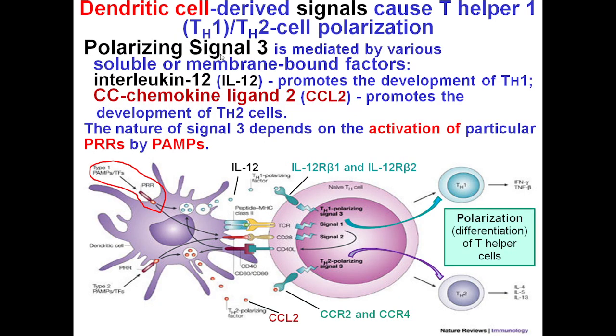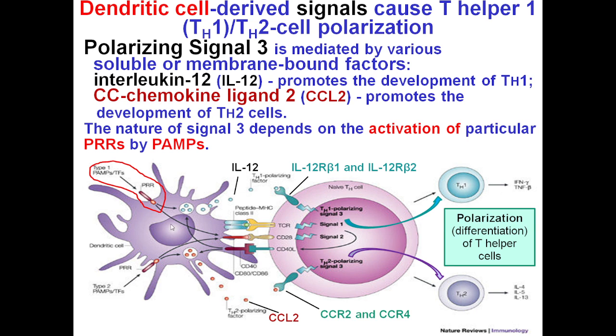And the third activating signal, this is polarizing signal number 3. This signal is maintained by cytokines. For example, when the antigen presenting cell produces interleukin 12, this interleukin 12 stimulates maturation of the naive T cell to the T helper type 1.